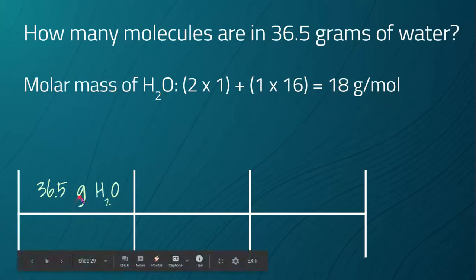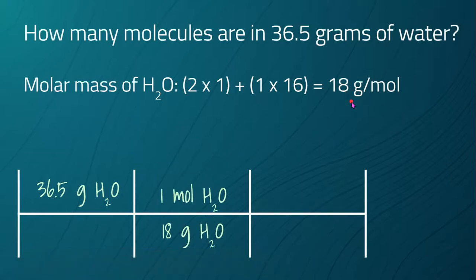So since I have grams of water up, I'm going to do grams of water diagonal down, and I know there's 18 grams in 1 mole of water. Now the grams cancel out. I'm left with moles, but I need to get to molecules. So what's another conversion factor I can use to go from moles to molecules?